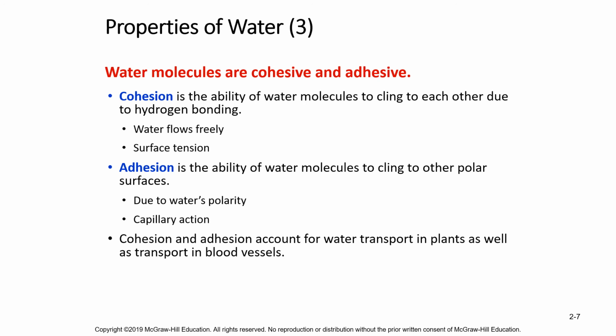One of the other superpowers of water are the properties of cohesion and adhesion. Co means with or together. It's water's ability to stick to itself. And that property is what gives us surface tension.